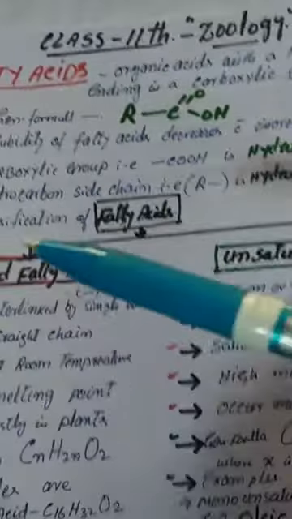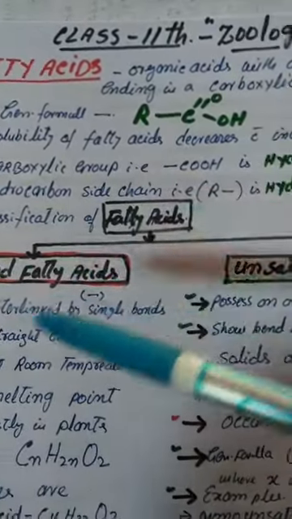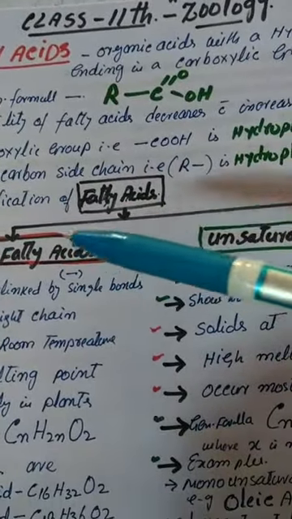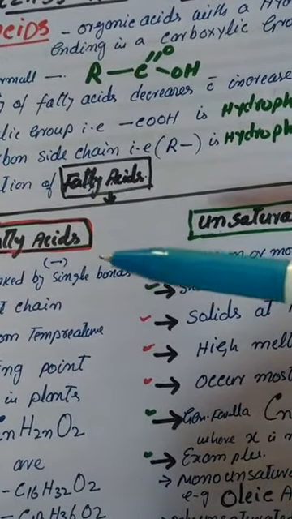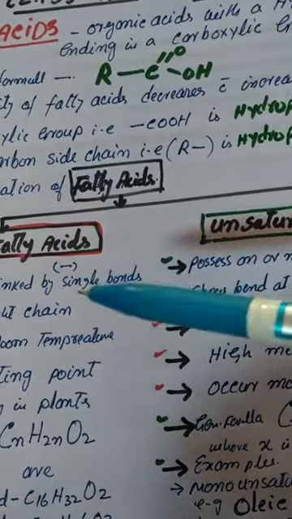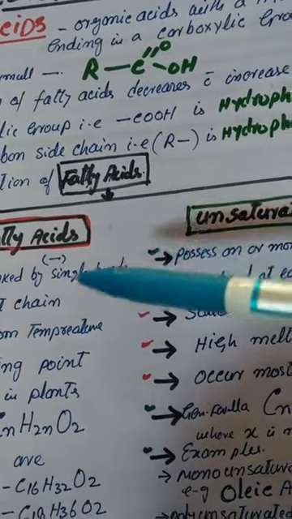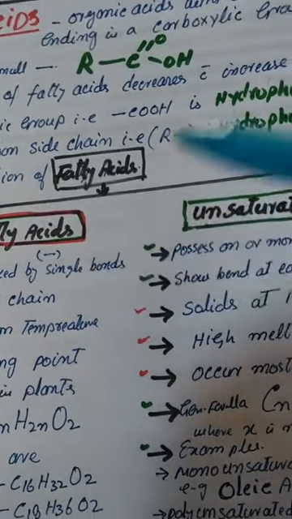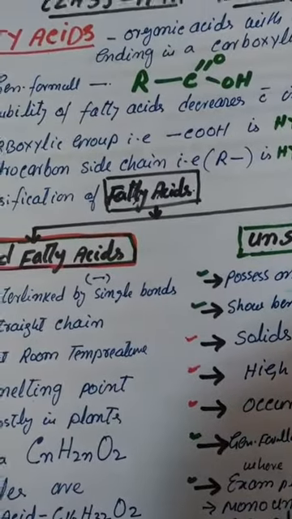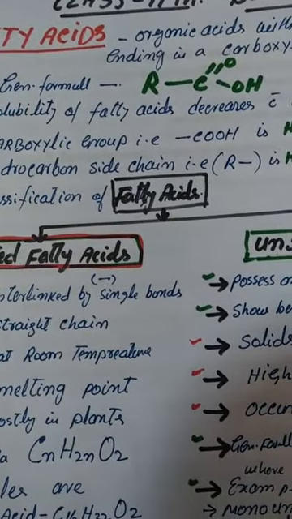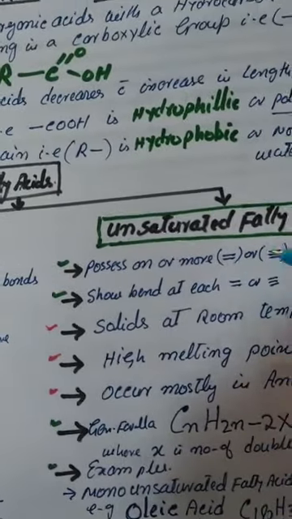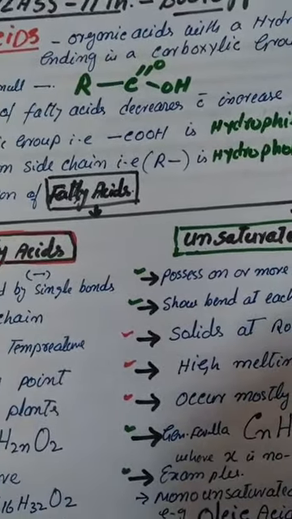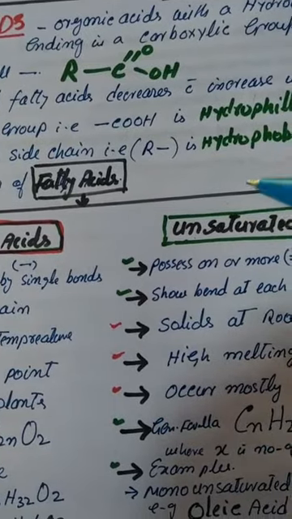Now, so far as saturated fatty acids are concerned, in saturated fatty acids, carbons are interlinked by single bonds only, whereas unsaturated fatty acids possess one or more double or triple bonds in their side chain carbon atoms.